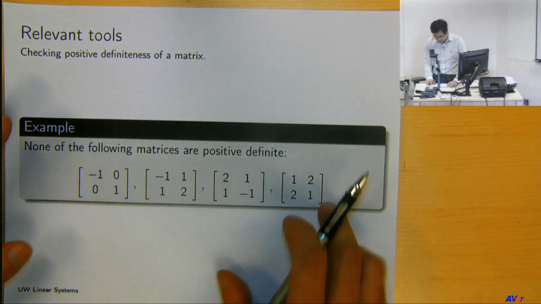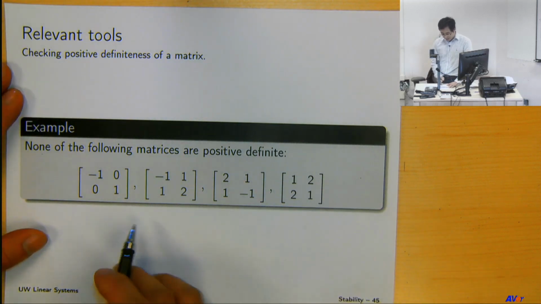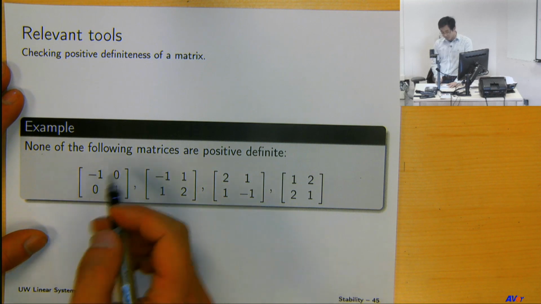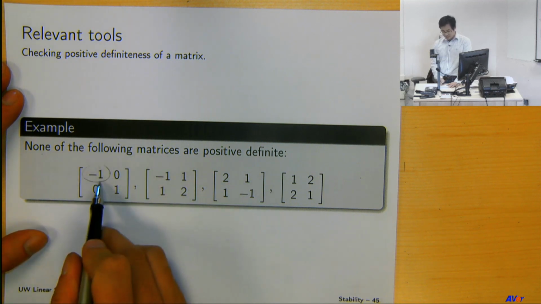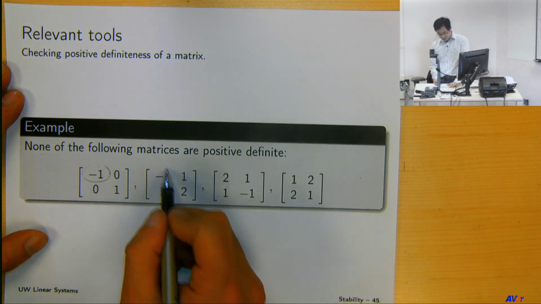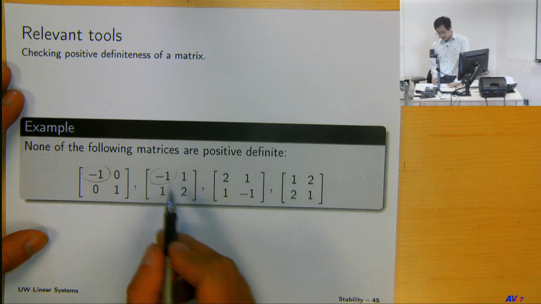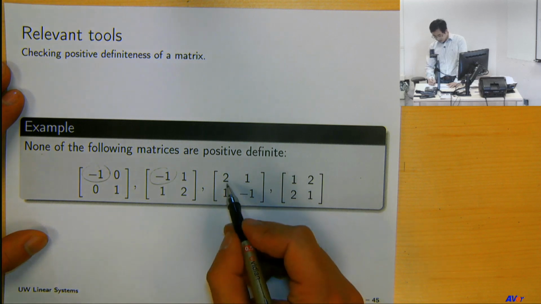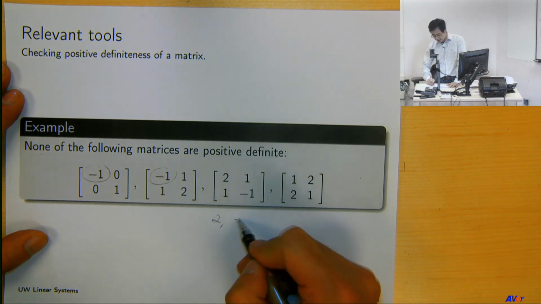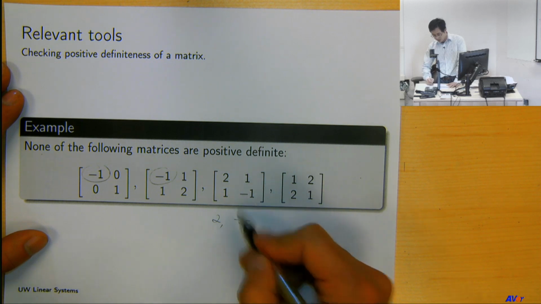So the result should be relatively quick, right? We can use the leading principal minors. For this one, take a look at the first one. It's already negative, so it's not positive definite. And it's not positive definite here either. Now for this one, the leading principal minors are 2, and then the determinant, negative 2 minus 1.